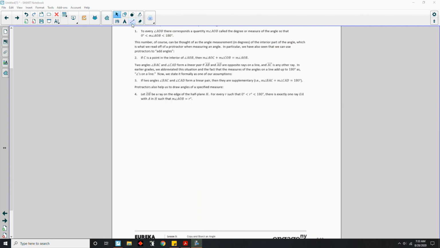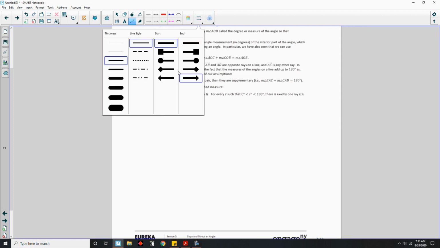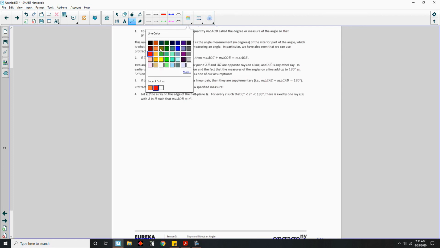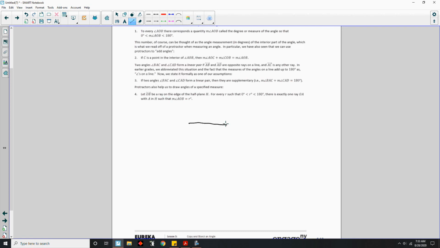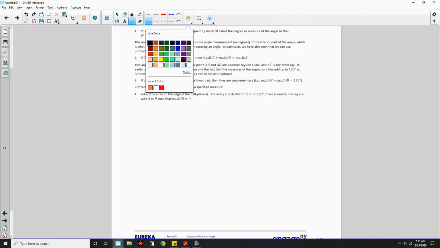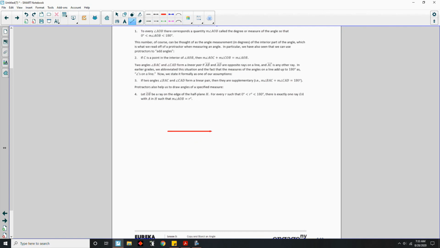Okay, so I'm going to show my process of doing this time. I'm just going to choose a color, red's fine, and I'm going to draw ray OB.